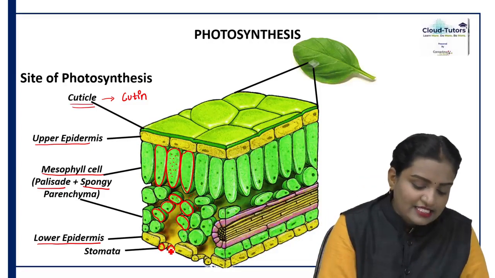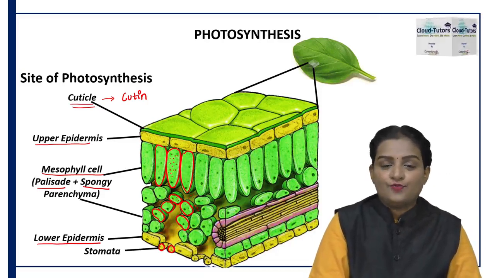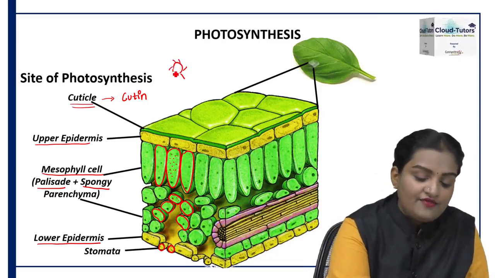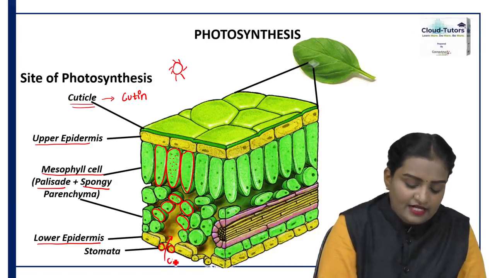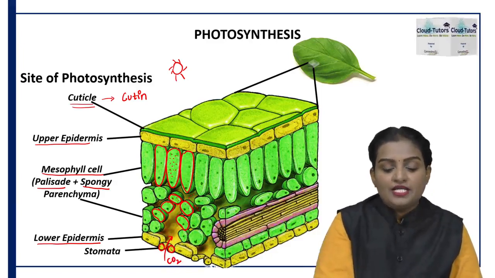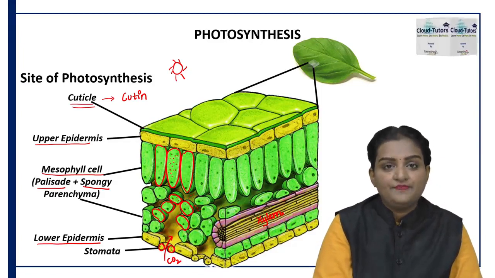They are known as guard cells, which open and close stomatal pore. So the sunlight will enter from the upper side. The gas that is needed will come from the guard cell, stomatal pore, and water comes from xylem, which is here. Xylem will provide water.